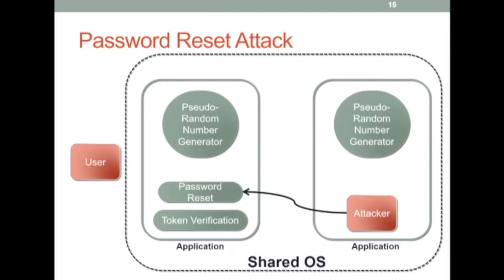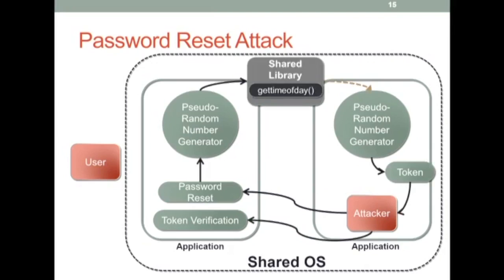The pseudo random number generator will be used to generate a random token, and during this generation, the gettimeofday function will be called several times. The attacker can use the Flush+Reload technique to learn when gettimeofday is being called, and then call this function immediately after this incident, so the attacker can get the same result as the victim.